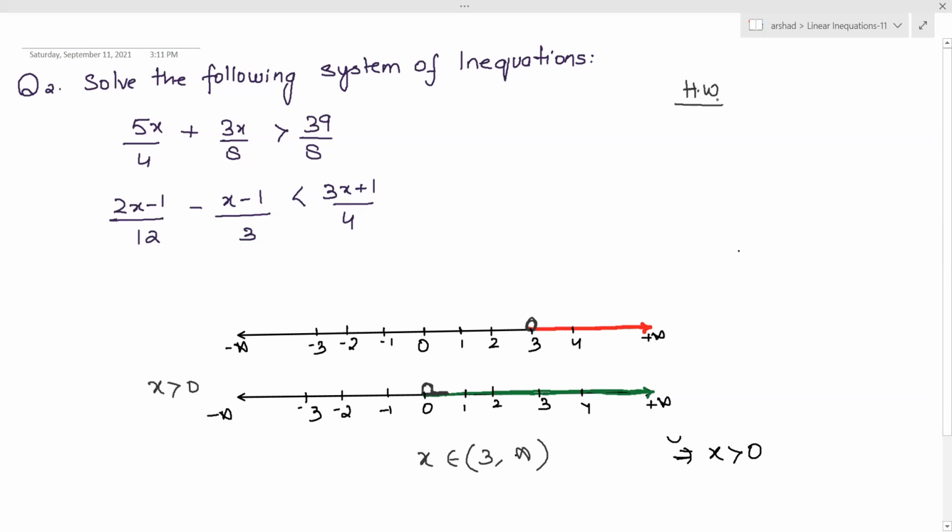So homework. Exercise 6.1. Okay, this is of NCERT. NCERT exercise 6.1, question number 1 to 20.